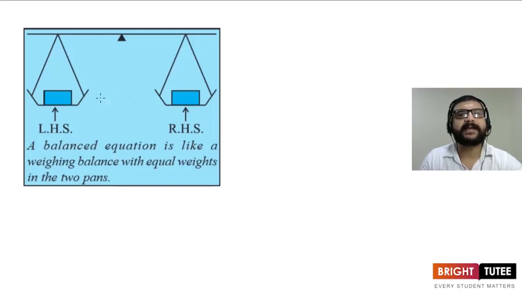Yes, it will remain balanced. Now what if we take equal weights from both the pans? Will it still remain balanced? Yes, it will still remain balanced. As we have seen in the case of balanced equations, when we added two equal quantities on both the sides, the equation remained balanced. And when we subtracted the same quantities from both the sides, the equation remained balanced.